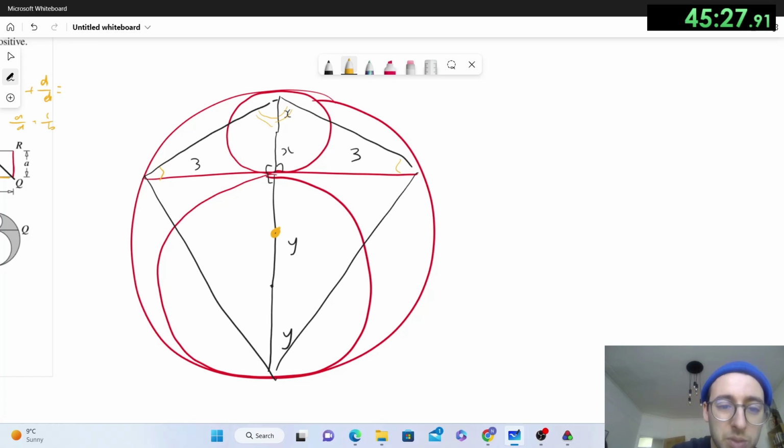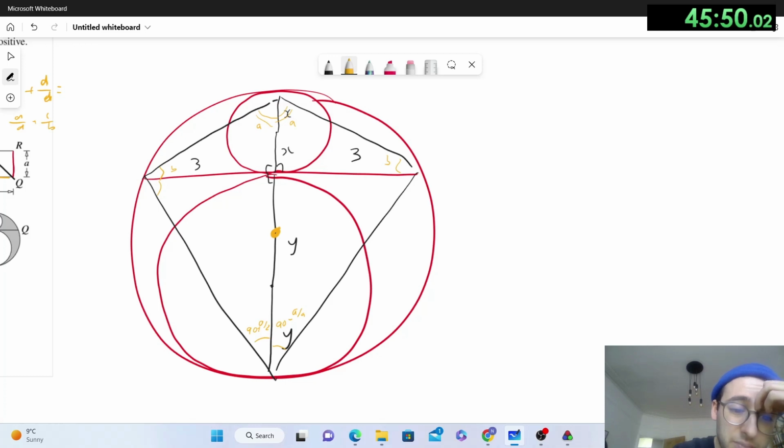So let's say this was A and A, B, B. This down here is 180 minus A. So this one is 90 minus A over 2. This one is 90 minus A over 2. That's 90.